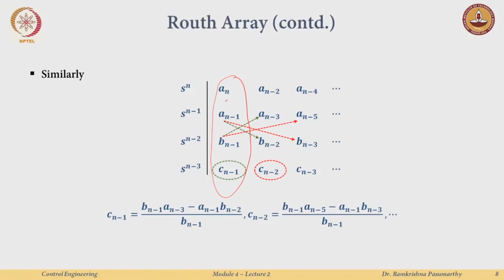Say this is a plus, this is a plus, this is a minus, and this again becomes a plus. So you see there is no sign change here, there is one sign change and two sign changes. These sign changes will tell you how many poles are there on the right half plane.